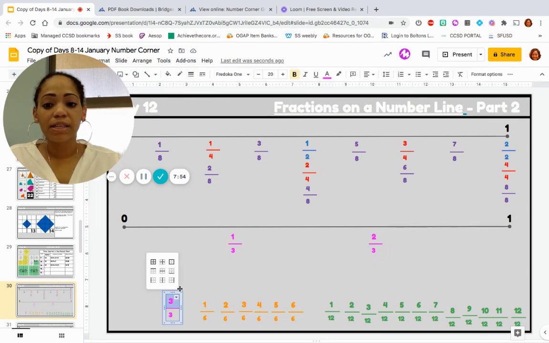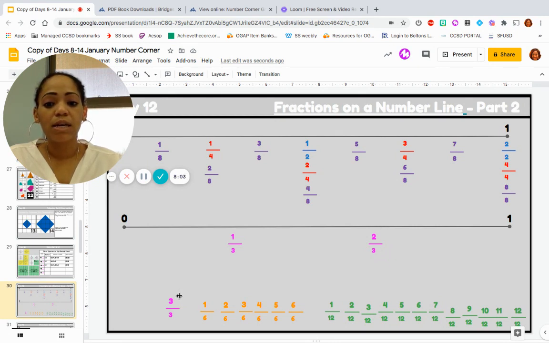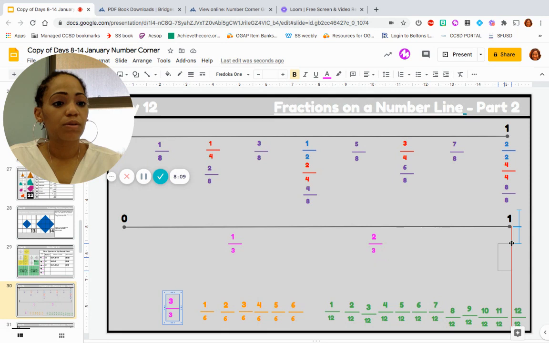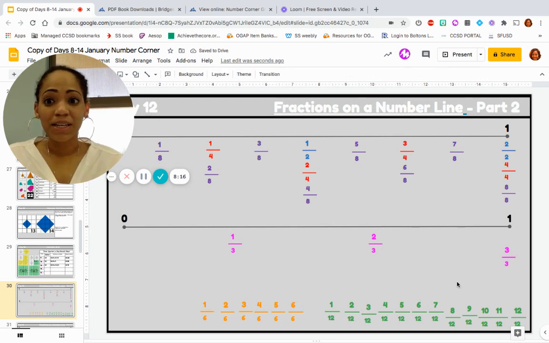Right, 3/3 is equivalent to 1 whole. A number over itself is the same thing as 1 whole. So let me move 3/3 to 1 whole. And I'm probably going to move it over just a little bit more. All right, so we're good.